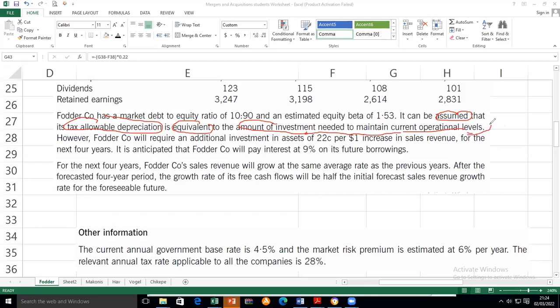So what does that mean? In accounting, this is what we call in and out. This figure that you are supposed to add back is the same as this figure that you are supposed to subtract. This will come again and again on this paper, and we'll be making a reference to it.